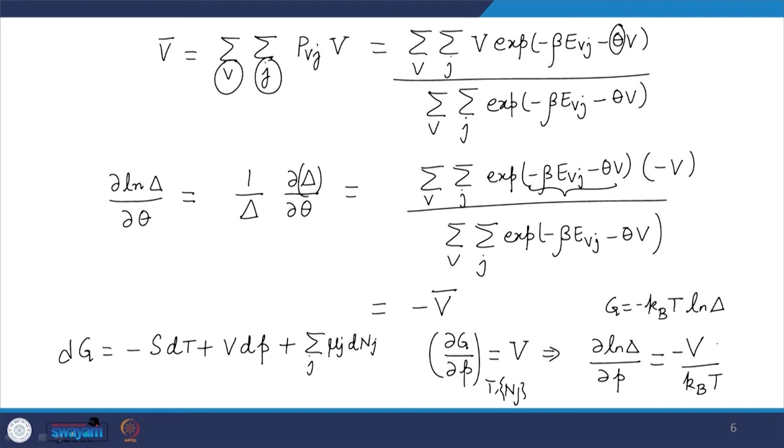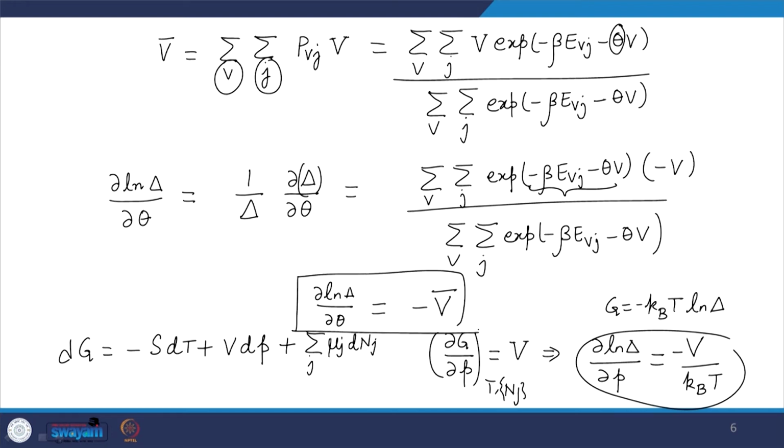So, now if I compare this expression with the earlier expression, what we may notice is that theta must be equal to pressure by kBT, or in other words, it should be equal to beta multiplied with the pressure.